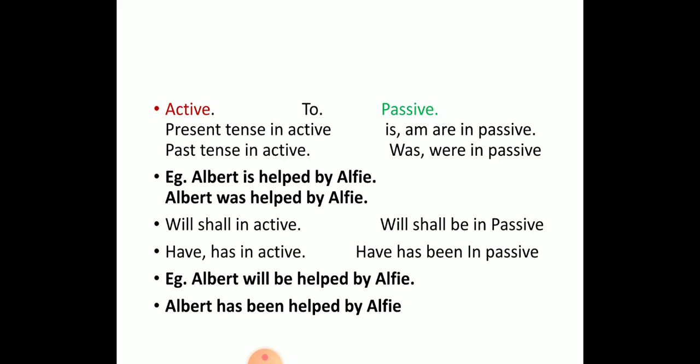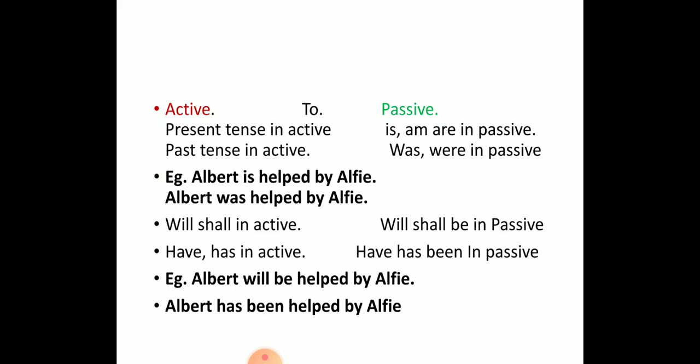So understand the example given: Albert is helped by Alfie. Likewise, Albert was helped by Alfie. Here you can see the changes from present to past are very easy for us. Students, understand one thing, we have to take one step further in voice while solving the answer. Present will be changed into past and past will be changed into past perfect. So let's see the next.